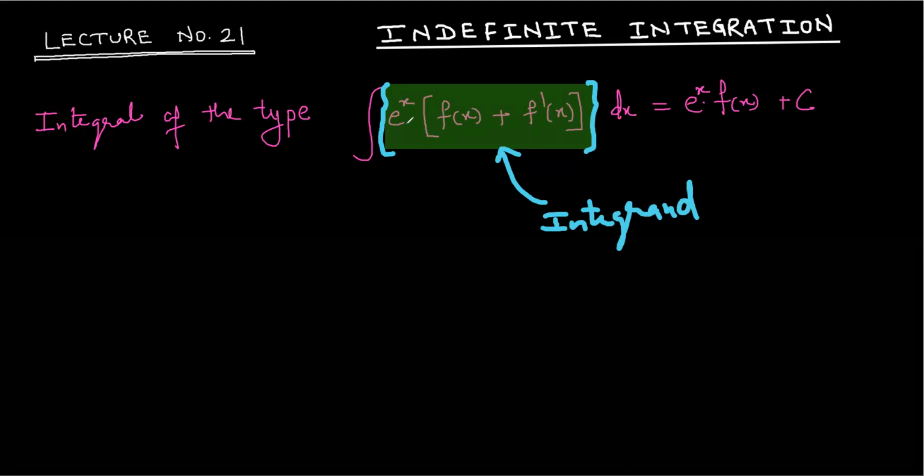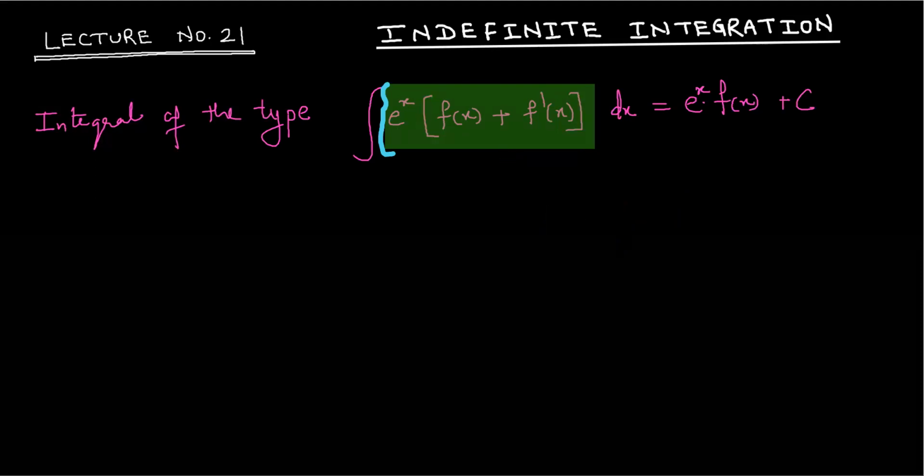Special because see here what you have. You have e raised to x multiplied by a sum of two functions where one of them is the derivative of the other.